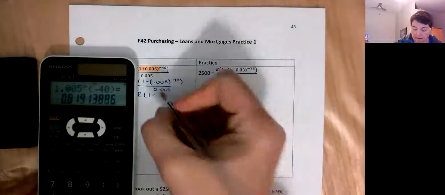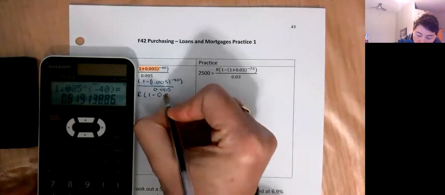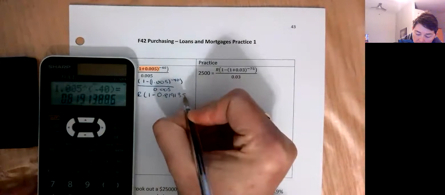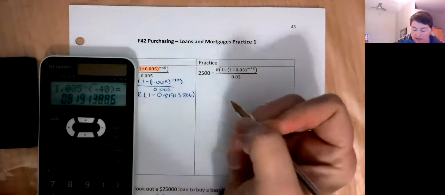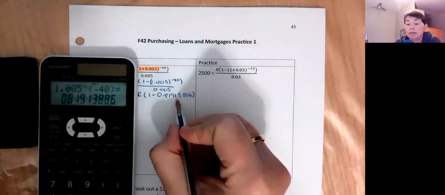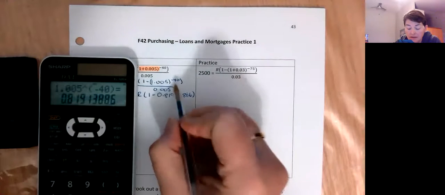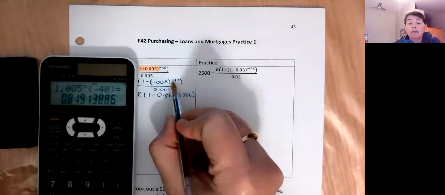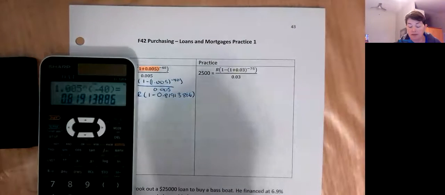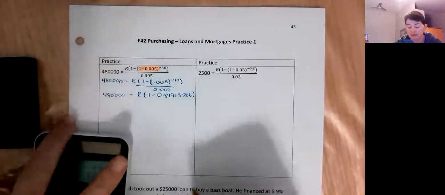All right. 0.819138886. This number is always going to be less than 1. If it isn't, I'd be willing to bet that you didn't get that negative to work properly for you. So try it. Make sure you know how to do the key punches on the calculator.